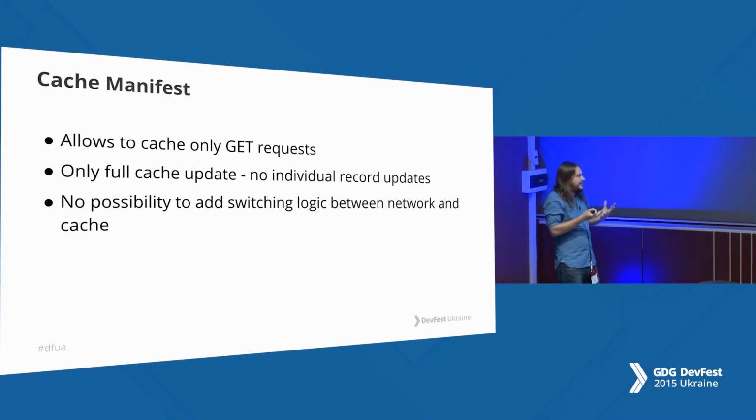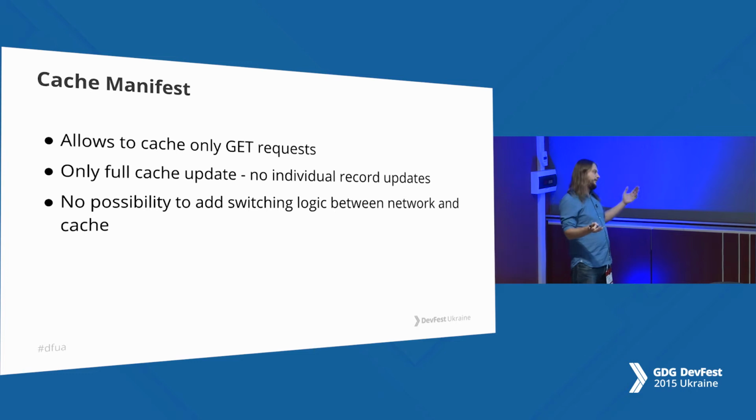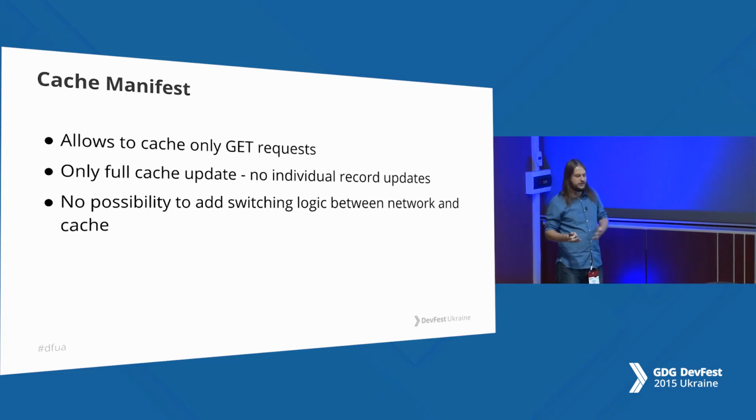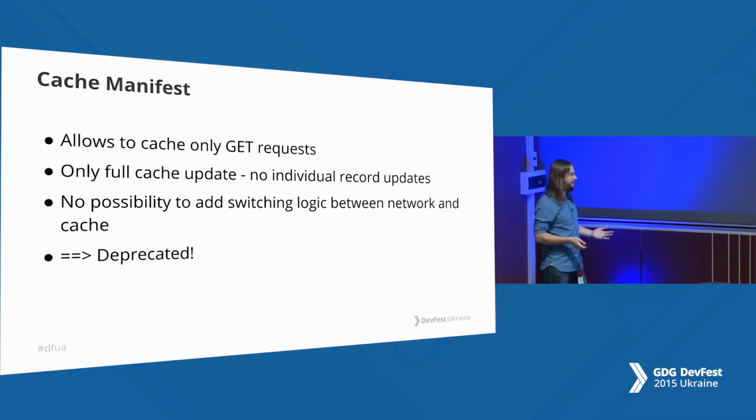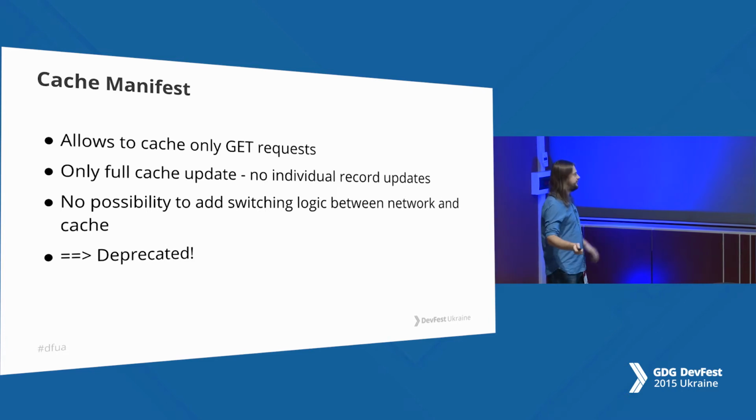You couldn't decide when you should cache, when you shouldn't cache, and so on. And that's why this API is now deprecated. If you still use it in some projects, you better don't do it. You better throw it away now, because in some nearest future, it will completely disappear from browsers.